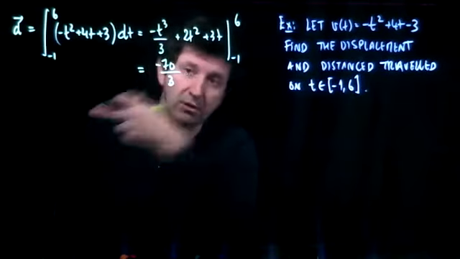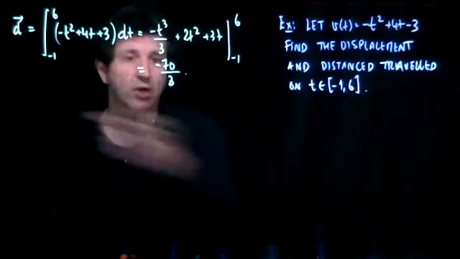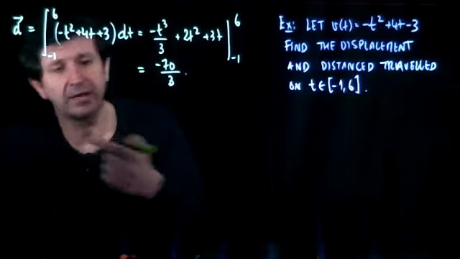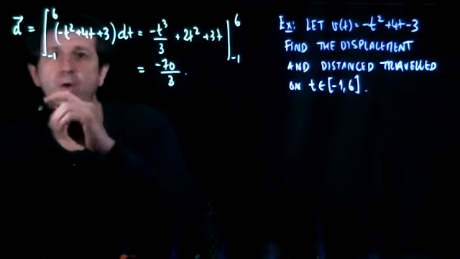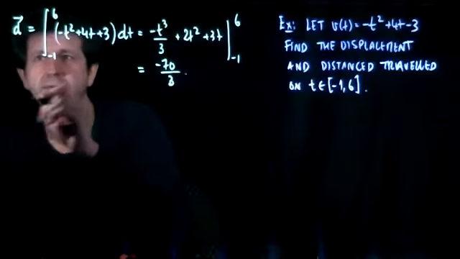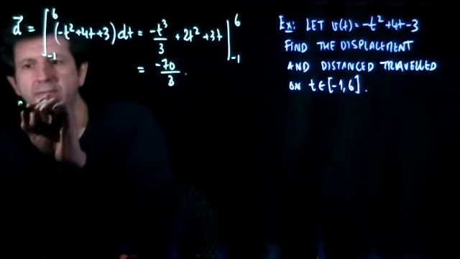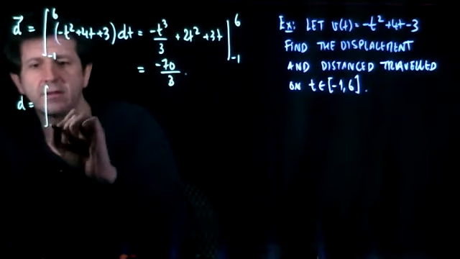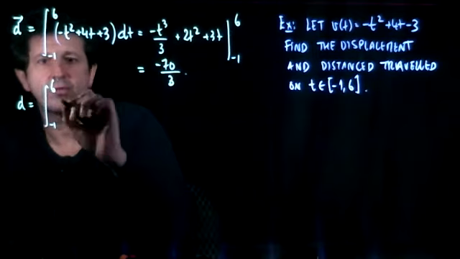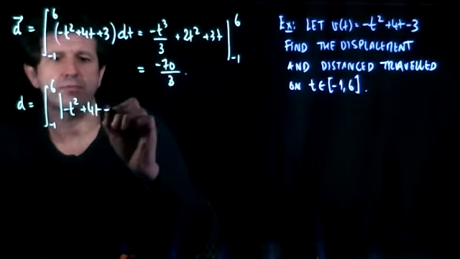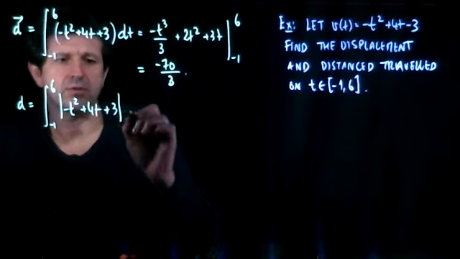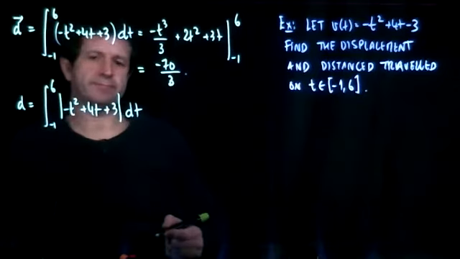So probably along the negative direction of the x-axis, for example. So d is the distance now. We have to take the absolute value of -t squared plus 4t minus 3 dt.